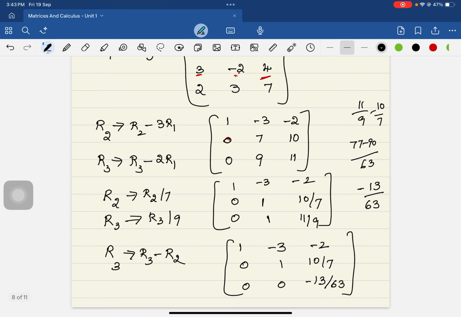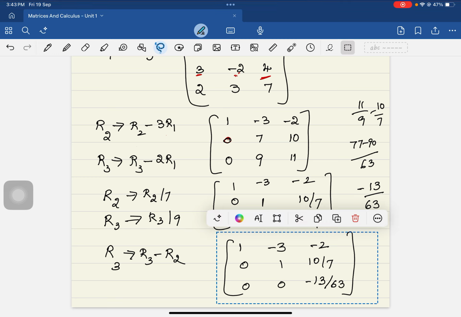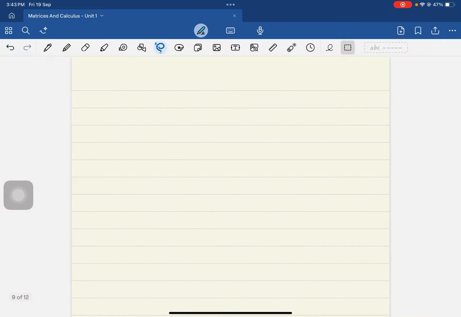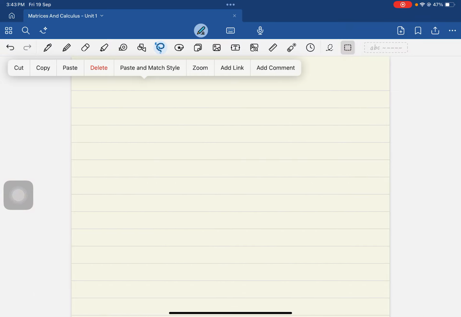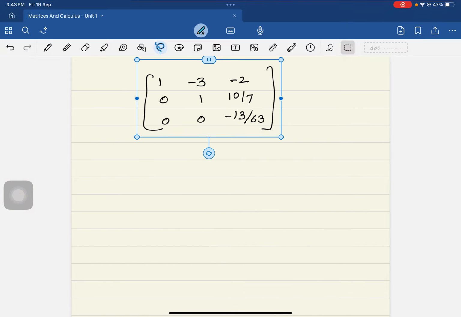Correct. Now we are going to make this element 1 so that you will get the result. So the matrix is now this one. Let us now reduce the given matrix to the next level.